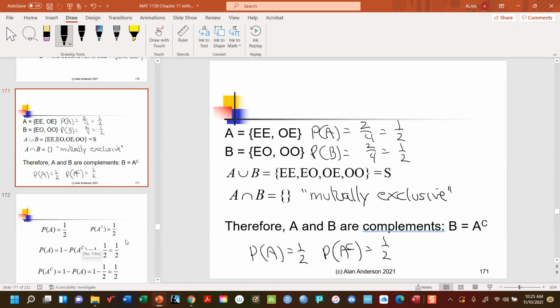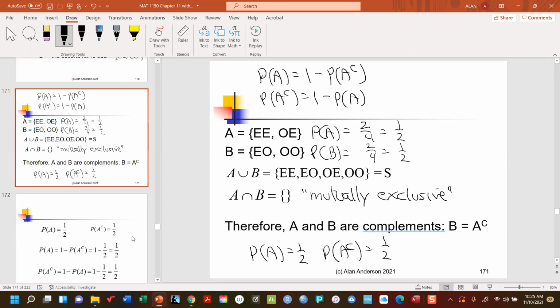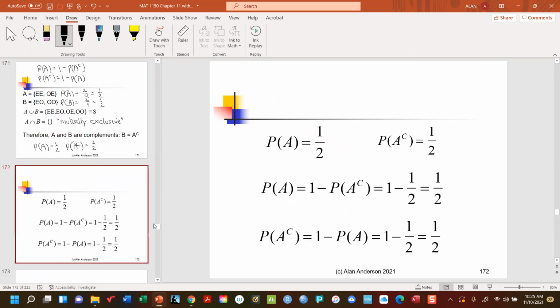If we write out both of them, now remember there were two of them, the probability of A is 1 minus the probability of A complement, and the probability of A complement is 1 minus the probability of A. On the next slide, we're going to plug in these numbers and show that these both are true. All right, let's do it. Here's the first case.